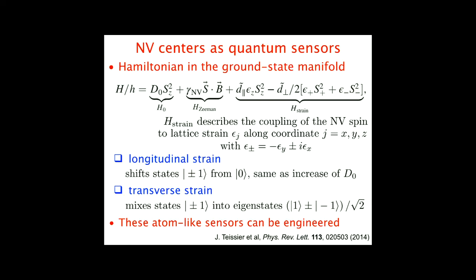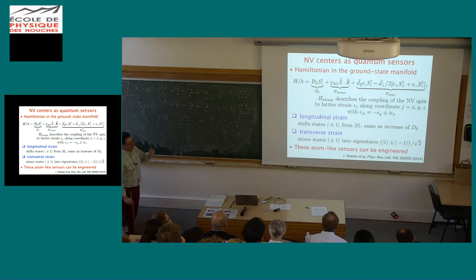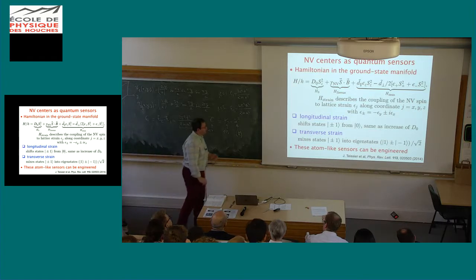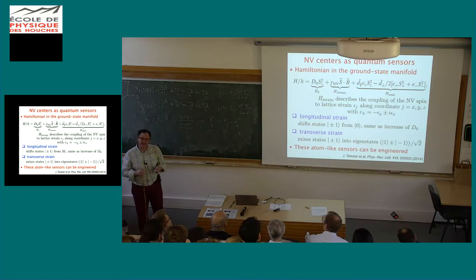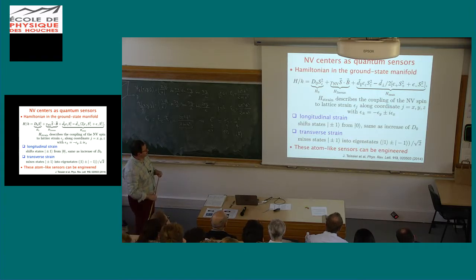Nevertheless, what is also amazing is that if I play only with the ground state, and I am back to the NV centers, I can describe the interaction of the center with fields such as a magnetic field or strain in the lattice with a very simple Hamiltonian.